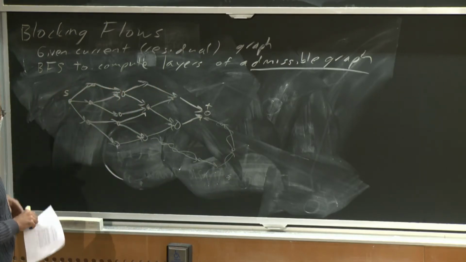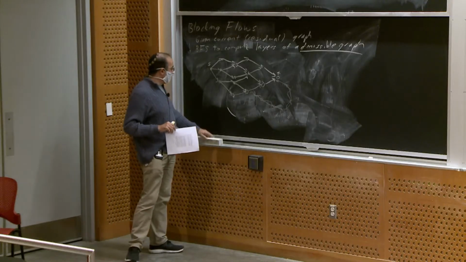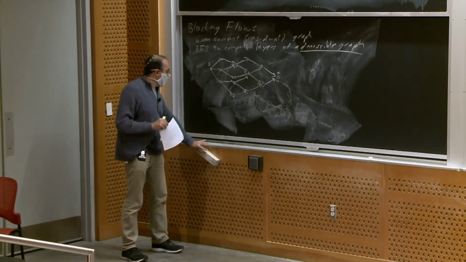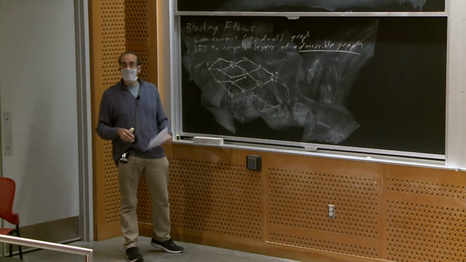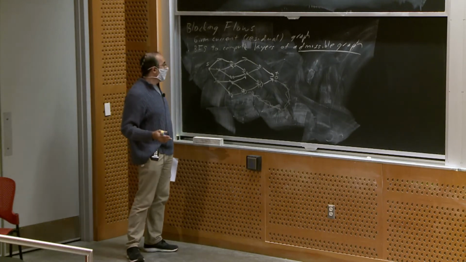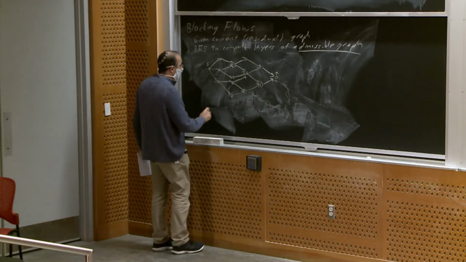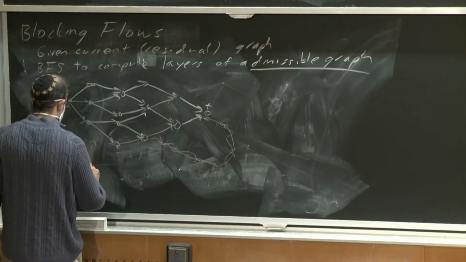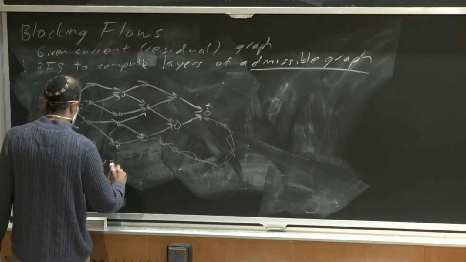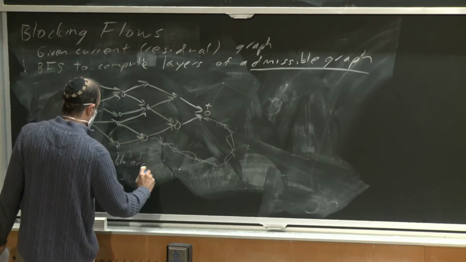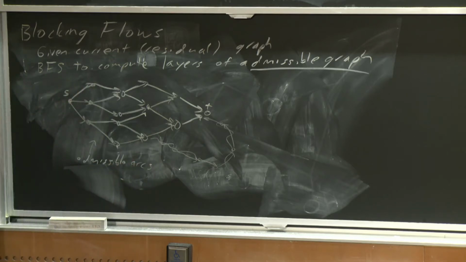So I've drawn these arcs in the admissible graph that go forward from one layer to another layer. And these are called the admissible arcs. Now, there are other arcs in this graph. Where can they go?